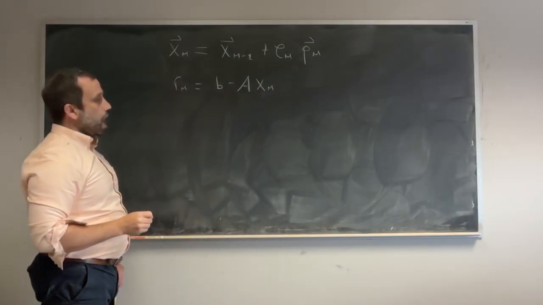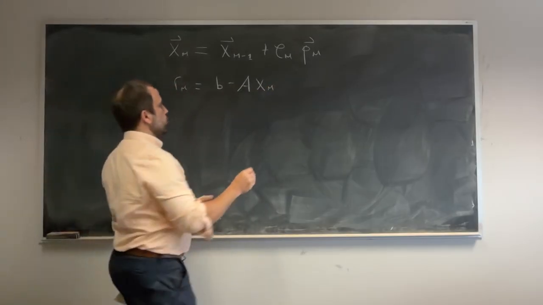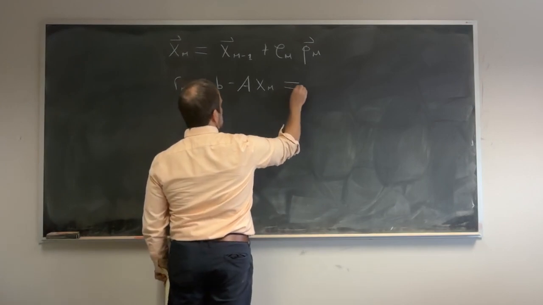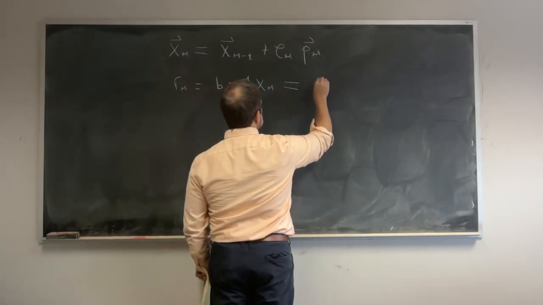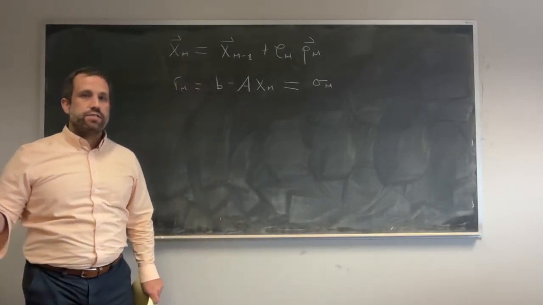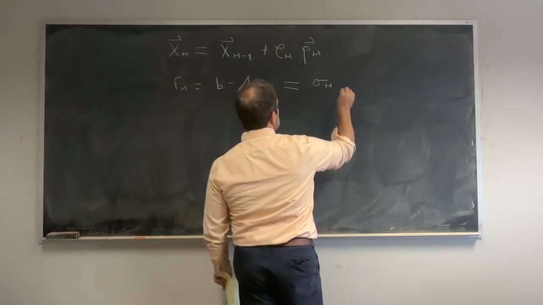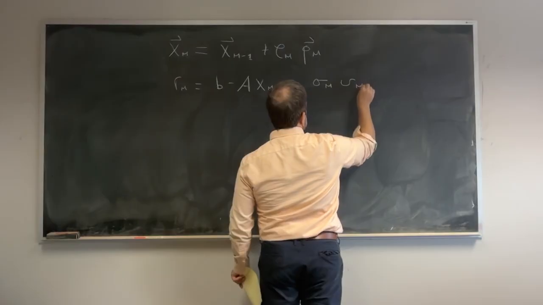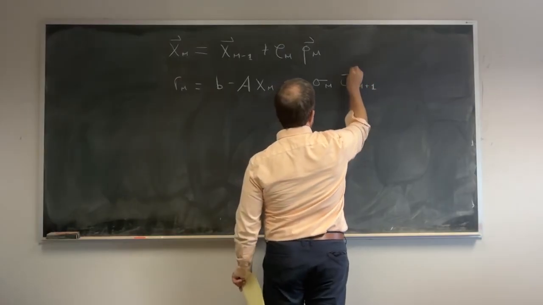We saw as a consequence of the Arnoldi algorithm that this is just equal to some constant, I'm going to call it sigma_m, it doesn't matter what that constant is right now, times the vector v_{m+1}.